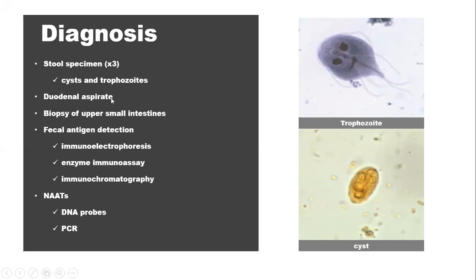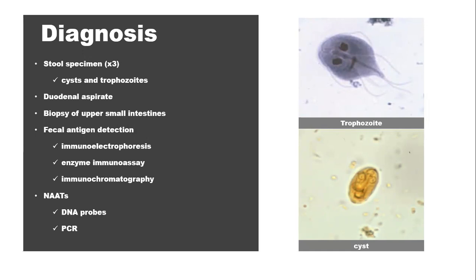Other samples that may assist in diagnosis include a duodenal aspirate. A biopsy of the upper small intestine will be sent to the histology lab, not the micro lab, and under H&E stains, you can actually see the organisms in close association with the brush border surface of the intestine.